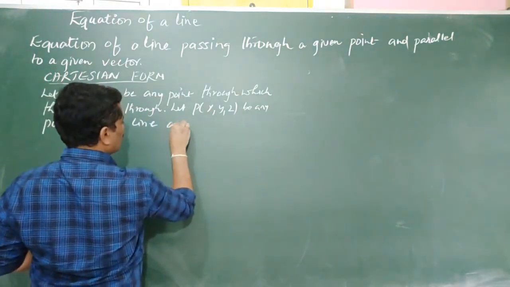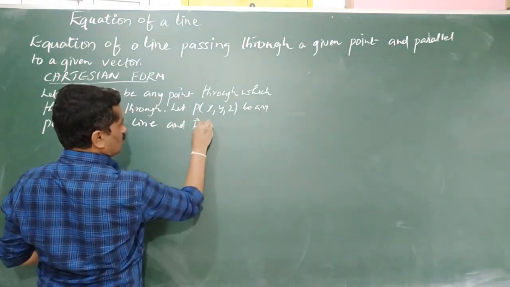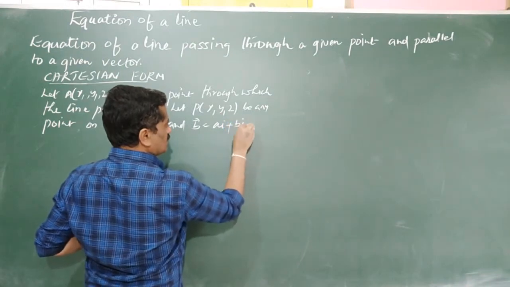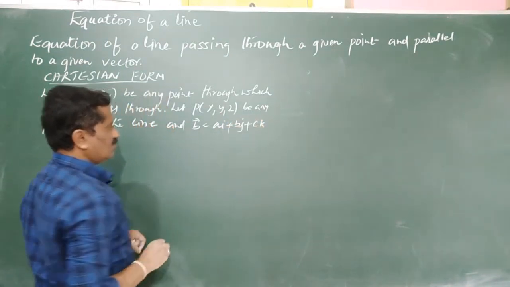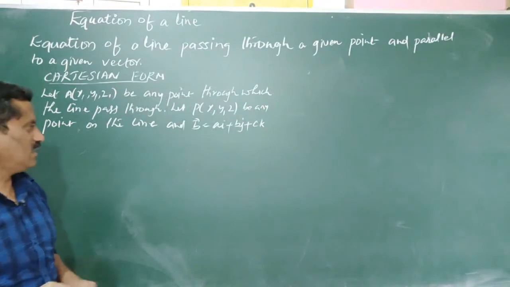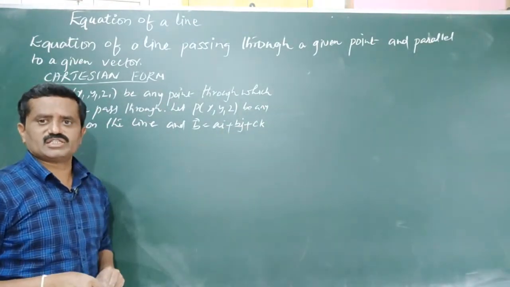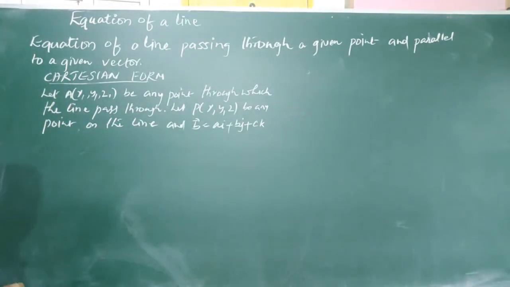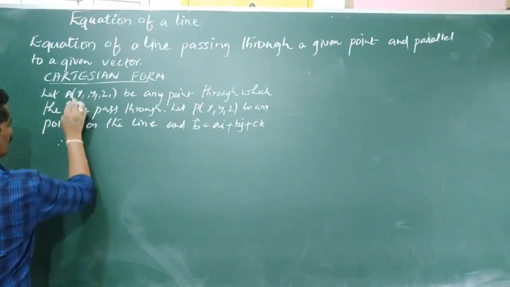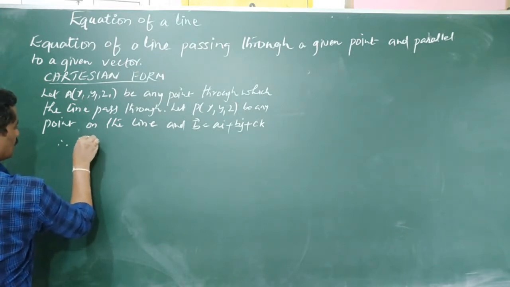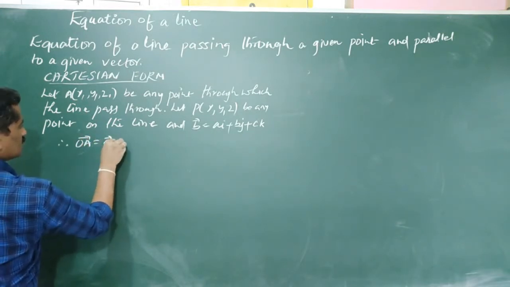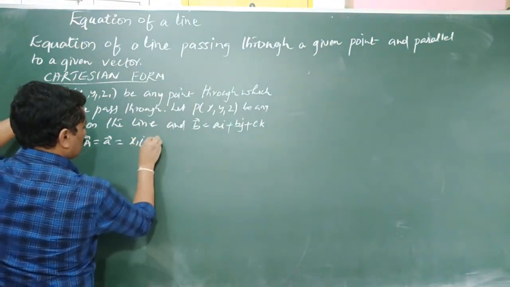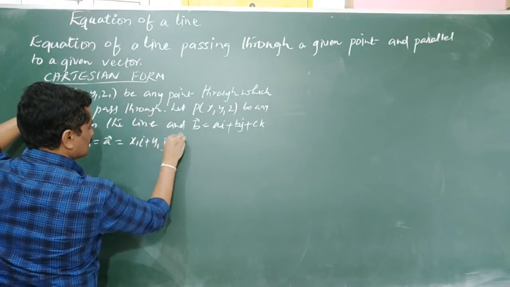And b bar is equal to ai plus bj plus ck, where a, b, c are direction ratios of the given parallel vector. So here we have OA bar, that is a bar, equal to x1i plus y1j plus z1k.